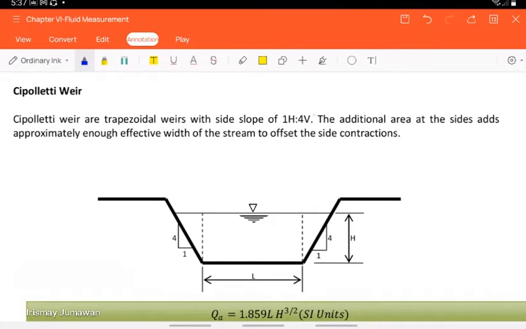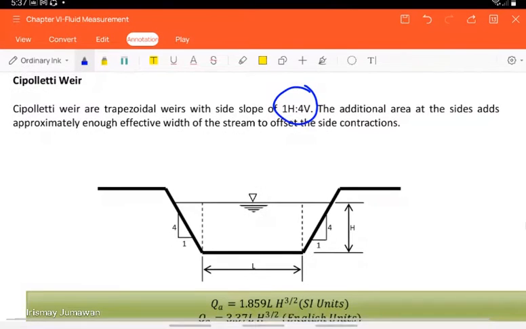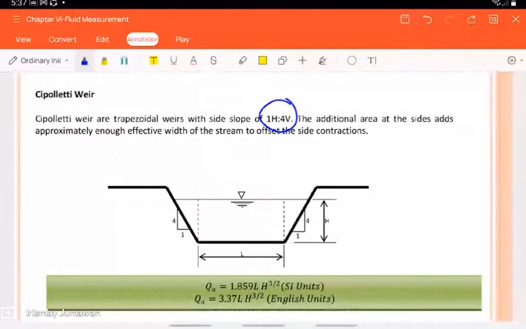This is if your side slope is 1:4, horizontal to 4 vertical, so you have this formula. We have used 1.859 because some books or some sources use 1.86. So to three decimal places, we use 1.85.